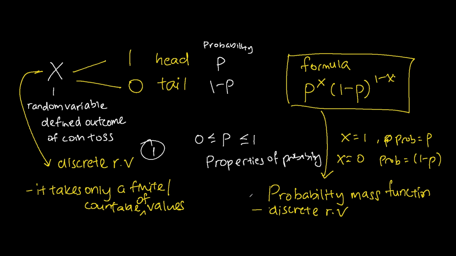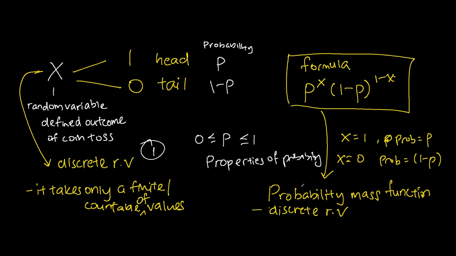So that's all for this video. 3 things that we have learned. First, a discrete random variable takes on only a finite countable number of values. We talked about the continuous random variable, where it takes on an infinite number of values. And we talked about this particular formula, in which if we sub in the numerical values of the outcome, you can get the probability of the outcome.